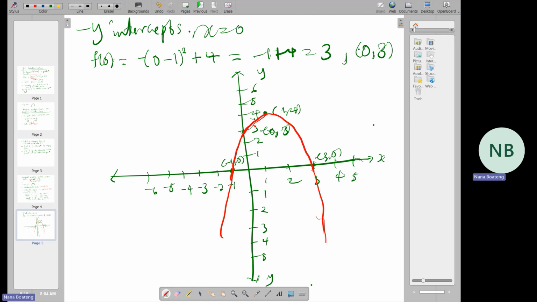It's a vertical line through the vertex, so we can also graph that as a straight line through 1. So this is the line x equal to 1, the axis of symmetry, or symmetry line, the equation of symmetry.